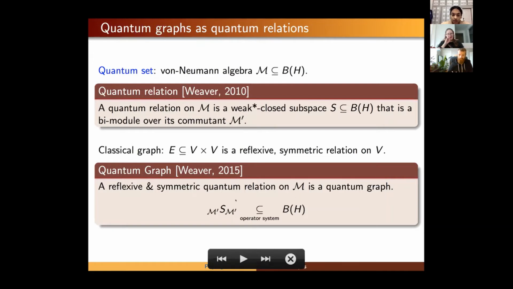In this language, what this means is that the subspace S is a weak-star closed subspace in B(H) that is a bimodule over the commutant of M. But in addition, it's reflexive, which means that the identity operator belongs to S, and it is symmetric, which means that it's closed under adjoint. So together, it's an operator system in B(H) that is a bimodule over M prime. That is how a quantum graph can be defined as a quantum relation.